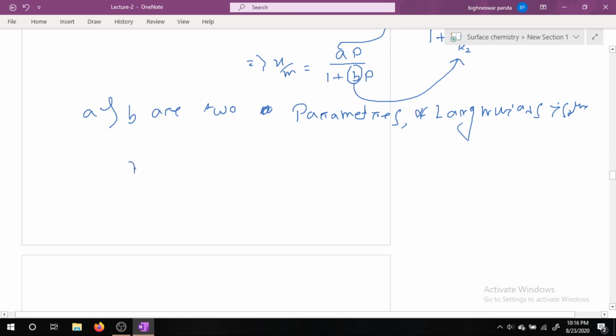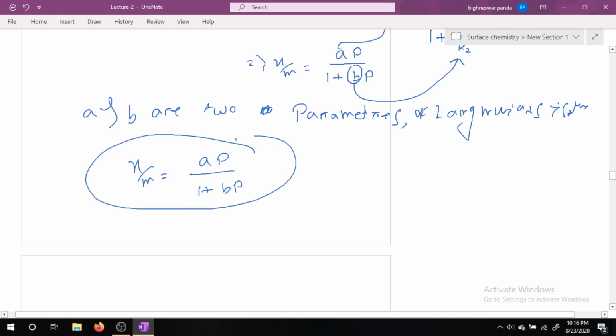So we have the equation x by m is equal to aP by 1 plus bP. From this equation we can explain the Freundlich adsorption isotherm.